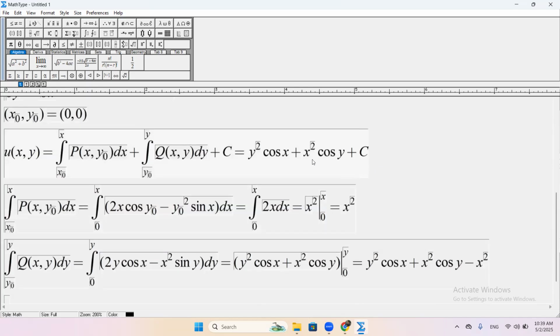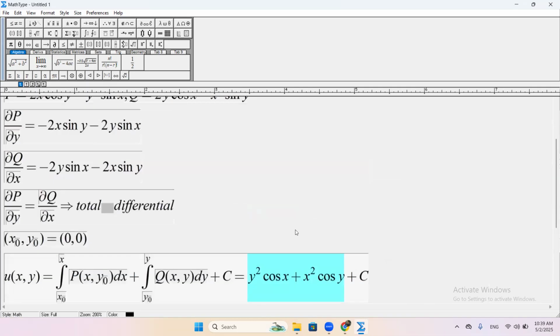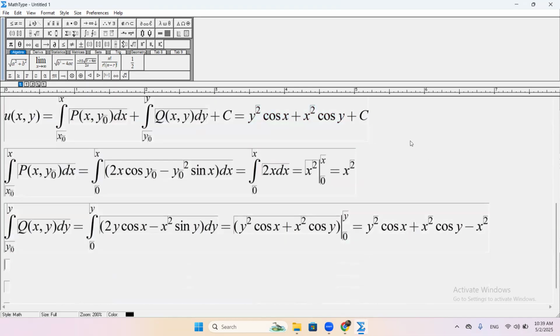Now everything is correct. So we have such an expression, and if we differentiate, let's just verify. So du by dx, yeah, it is a good idea to verify your solutions.